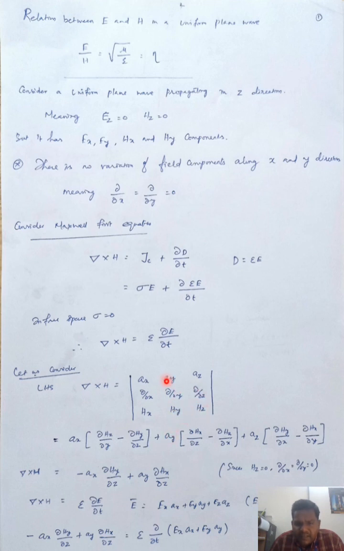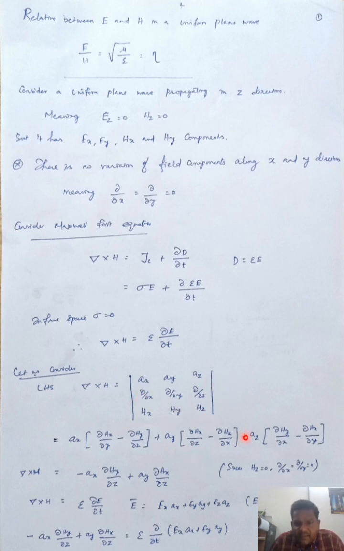Next is minus Ay, but instead of that I am taking plus Ay, so I am reversing this partial derivative order. First I take this, next this, which gives a negative value; minus Ay times minus becomes plus Ay. So plus Ay, I am taking derivatives with respect to x and z directions.